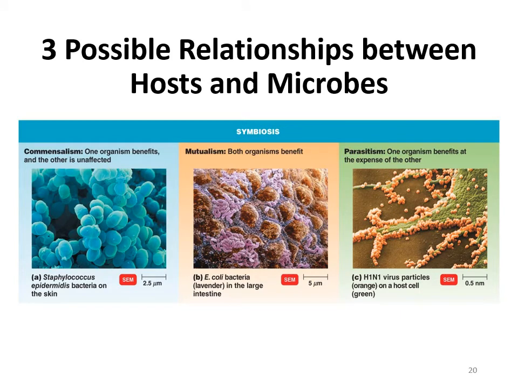Now, this slide is a reminder of the 3 possible relationships that can exist between hosts and microbes. These are terms that I'm sure you've encountered in other courses, but when we talk about relationships between organisms, I know it sounds very romantic, but instead we're talking about symbiosis.